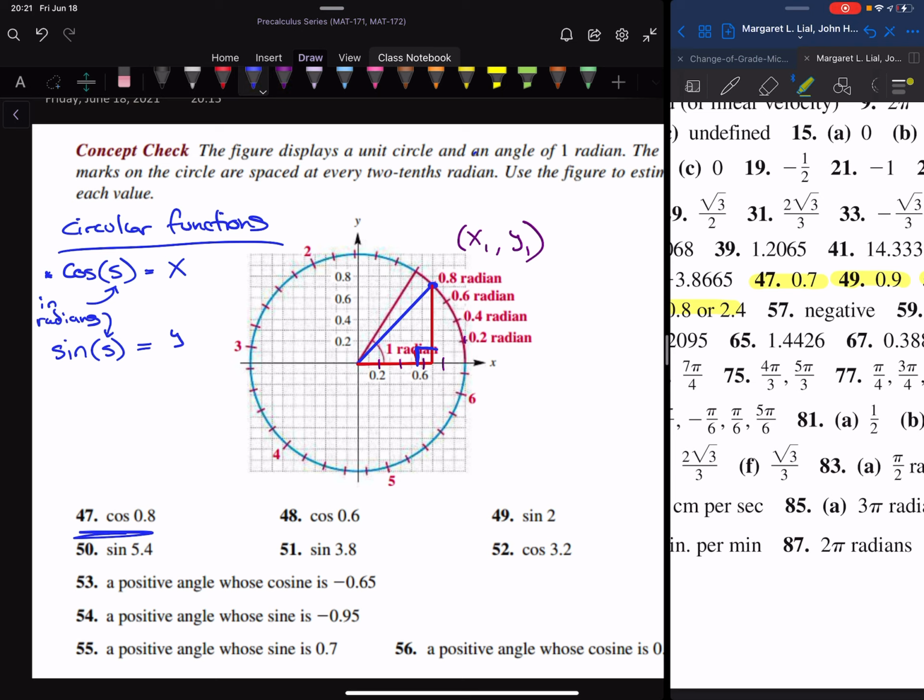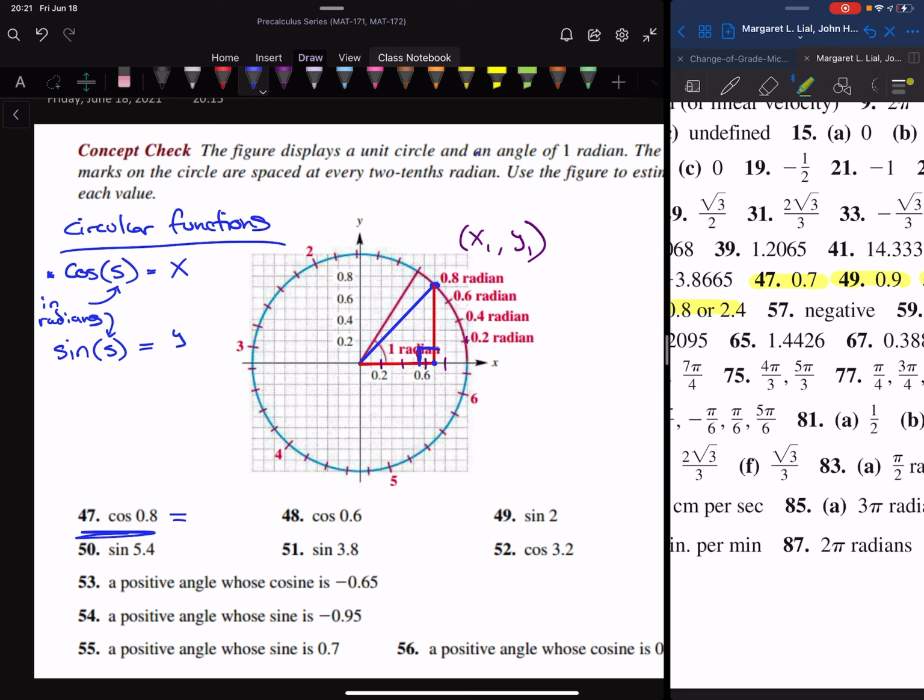But what we notice is our horizontal line stops there, in between 0.6 and 0.8. So we're going to estimate that cosine of 0.8 is equal to 0.7, which corresponds to what you see over on this side in the answer key.